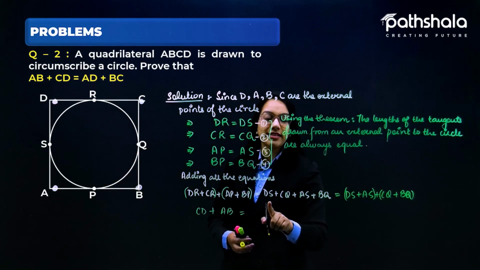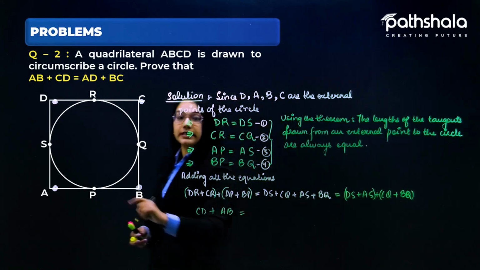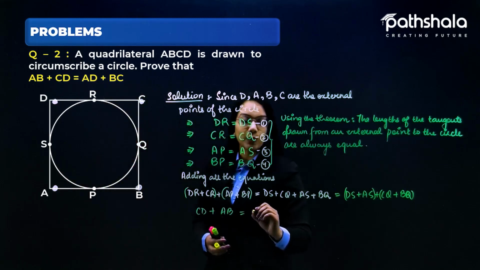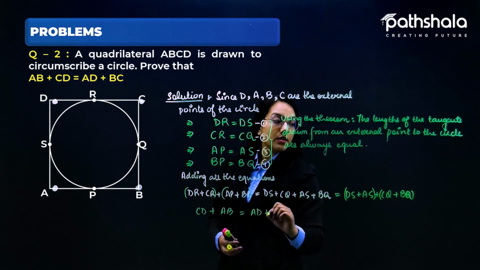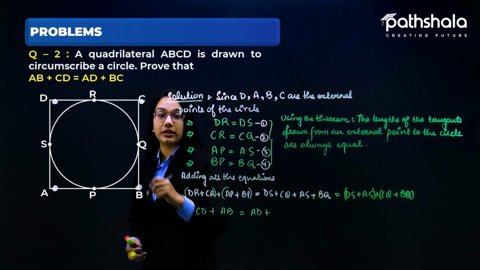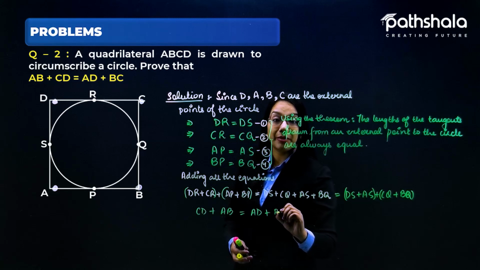Furthermore, we have DS plus AS, which is the total length AD, plus CQ plus BQ. CQ plus BQ is the total side BC.